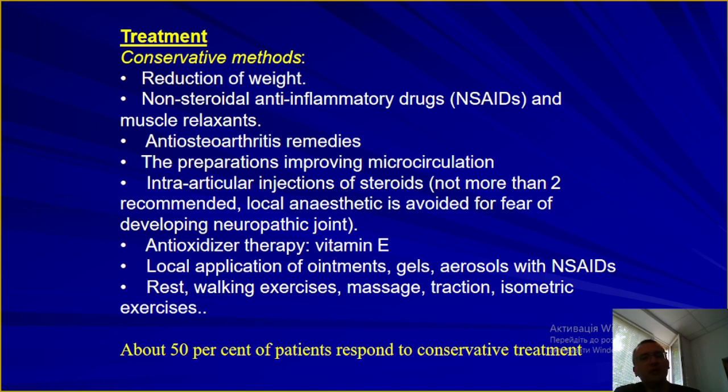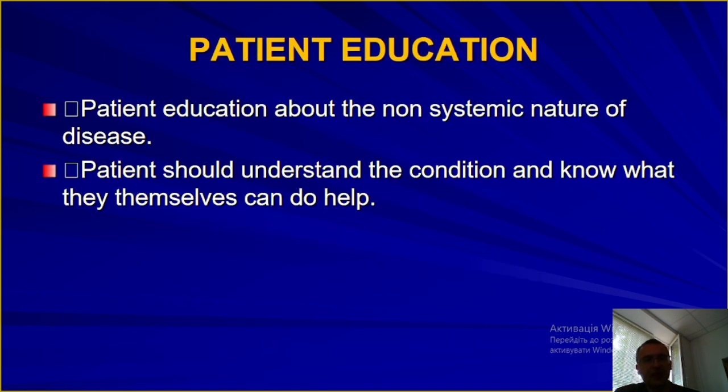Steroids are widely used to treat the pain in osteoarthritis and the synovitis which develops during this condition. Intra-articular steroids are injected, and of course surgery, depending on the stage of development, different types of surgeries are applied.